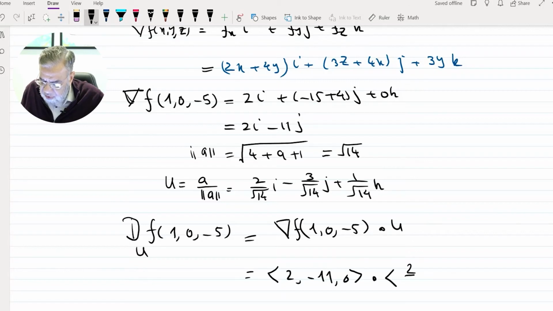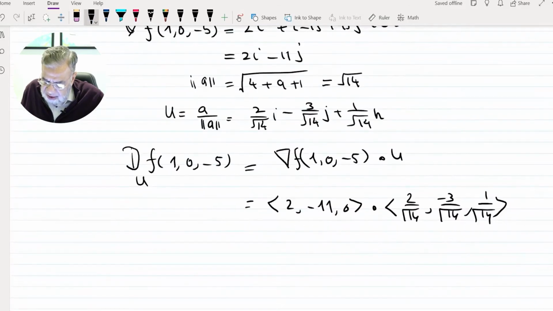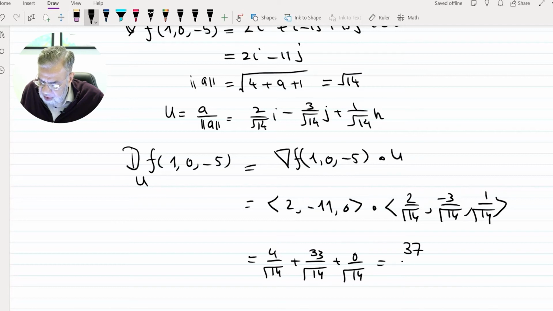My u is 2 over root of 14, minus 3 over root of 14, and 1 over root of 14. I take the dot product of these two vectors, that gives me 4 over root of 14 plus 33 over root of 14 plus 0 over root of 14. Simplify this one. We have here 37 over root of 14. That's my directional derivative of the function at the given point.